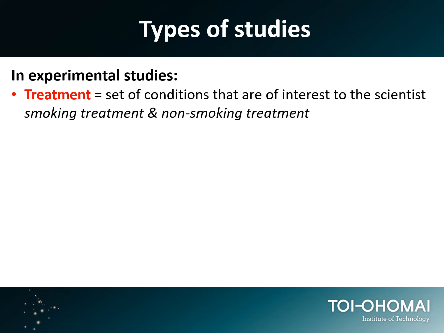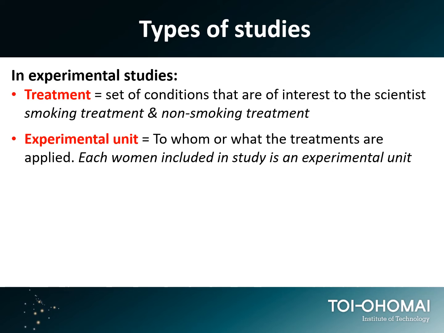So smoking is the treatment, and we will have a treatment and a non-smoking treatment group. One to which we apply the treatment to, and one not. The experimental unit is those individuals within the group that you do apply the treatment to.